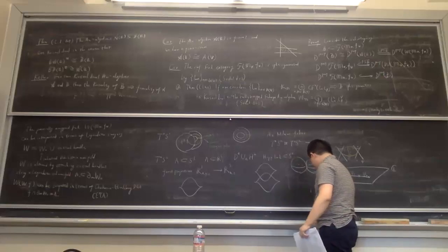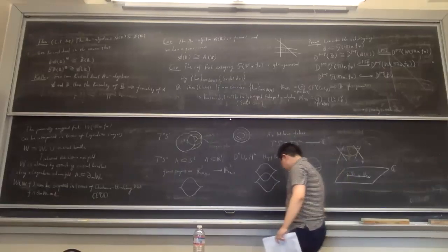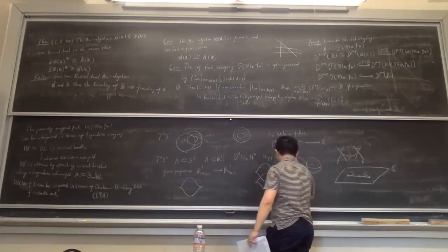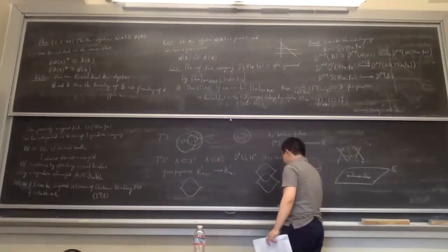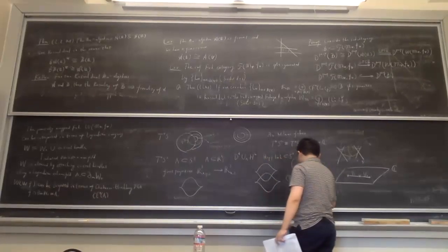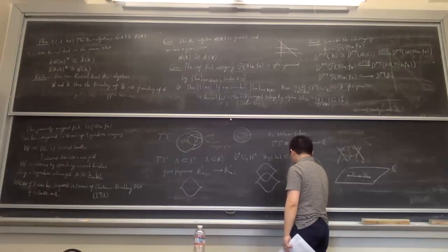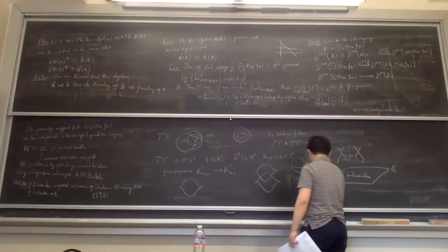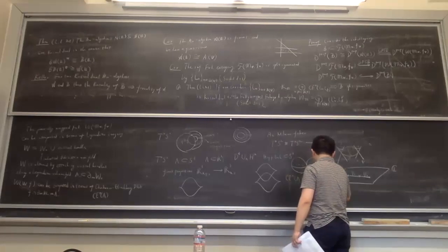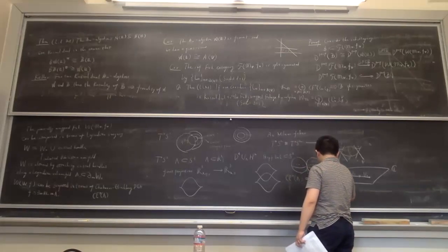And the way you recover it is that you look at the Chekanov-Eliashberg DGA associated to this Legendrian link. Additively, the Chekanov-Eliashberg DGA is generated by Reeb chords.